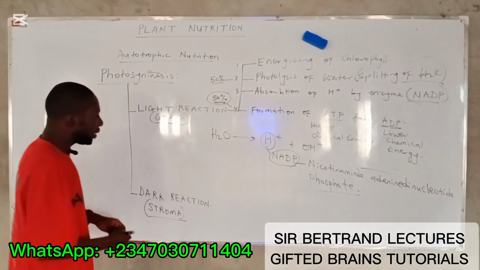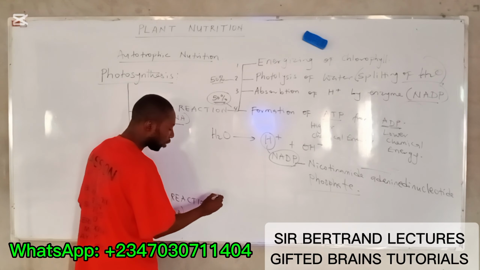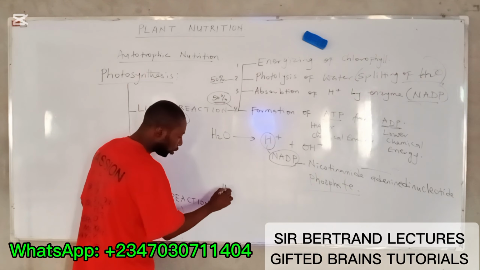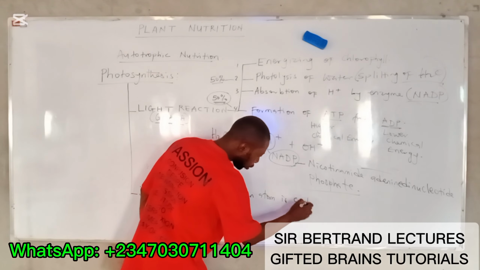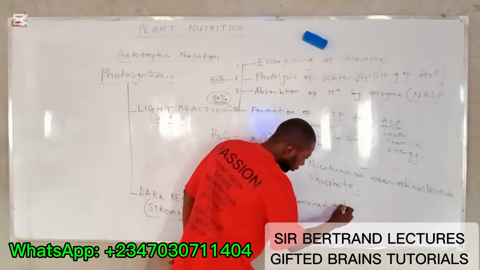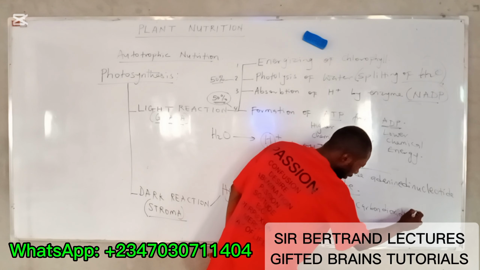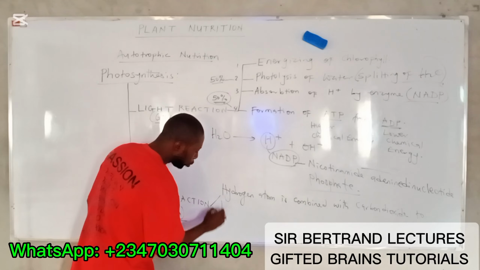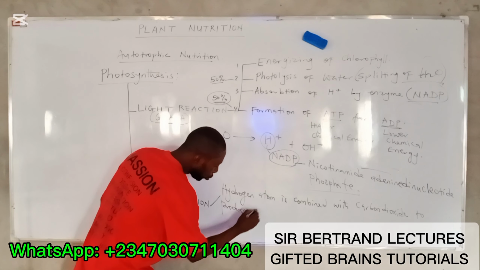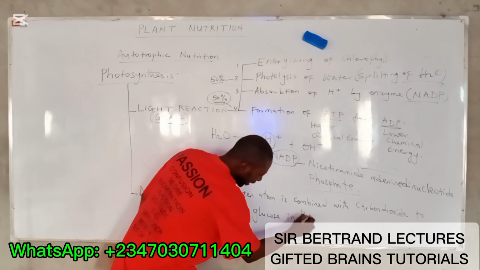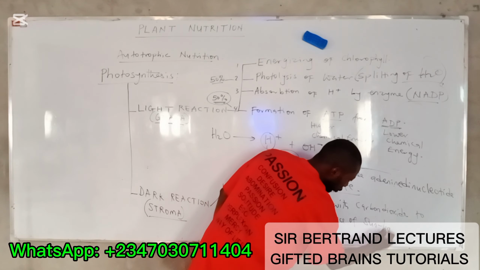Now, the next we're going to look at is the dark reaction. All right? Dark reaction. What happens here? In the dark reaction, hydrogen atoms are combined with carbon dioxide to produce glucose in the absence of sunlight.